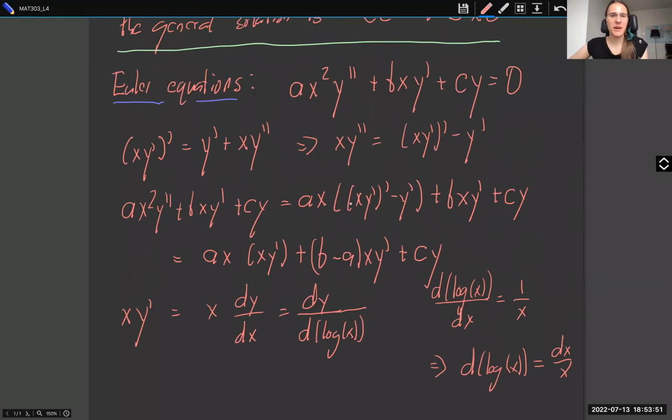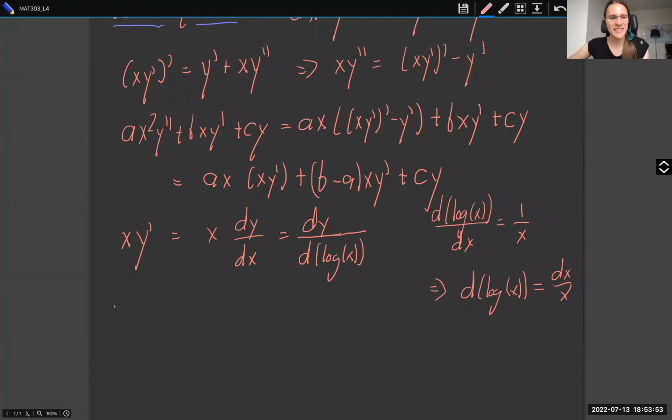And similarly, when we have the expression x times xy prime prime, then that is equal to x times d/dx of xy prime, which is dy d log x.